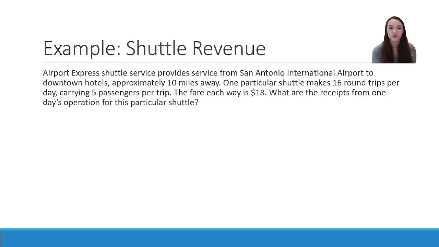Airport Express shuttle provides service from San Antonio International Airport to downtown hotels, which are approximately 10 miles away. One particular shuttle makes 16 round trips per day, carrying 5 passengers per trip. The fare each way is $18. How much money is received in 1 day of operation for this particular shuttle?